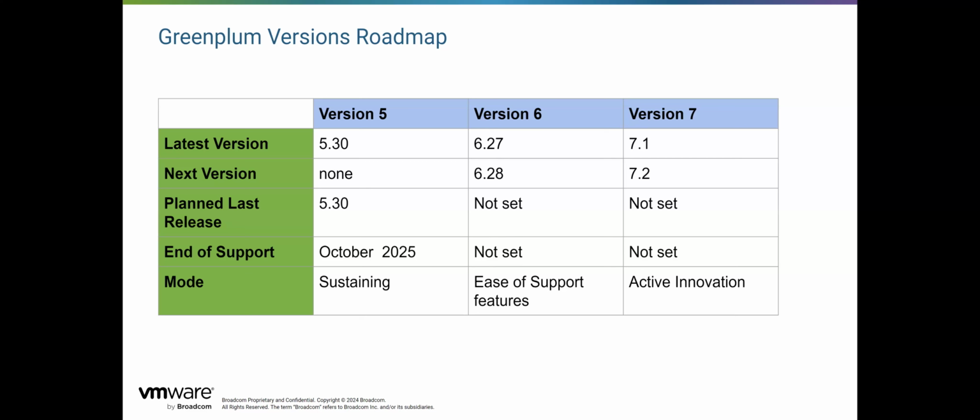Greenplum 5 is still in support based on version 5.30. Greenplum 6 is still being actively maintained and developed, and there's no set end of support date for it yet. We're continuing to do patches and some backporting of interesting features. And then active innovation is being done on Greenplum version 7 right now, and there's not even any visibility to the end of support date for version 7.